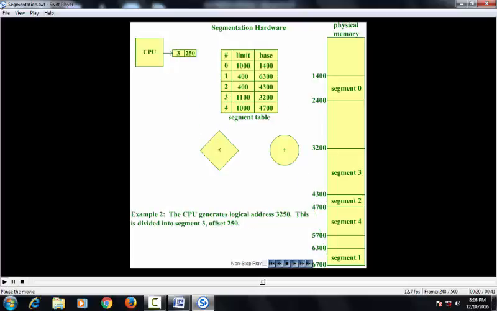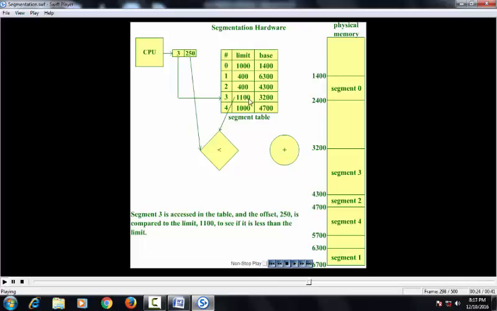Logical address is 3 and the byte offset is 250. Complete logical address is 3250, as you can see. Now get the values from segment 3.